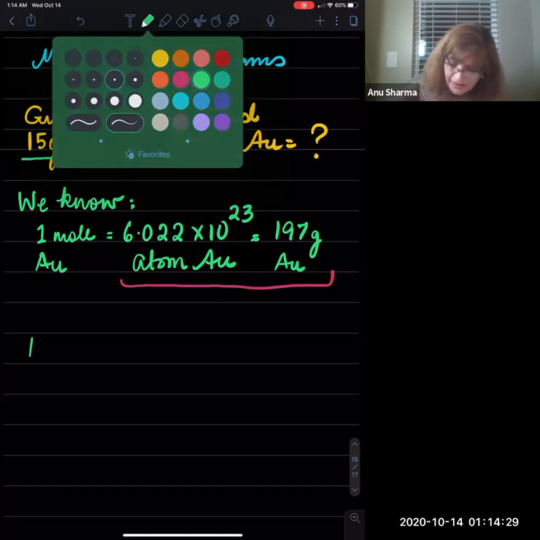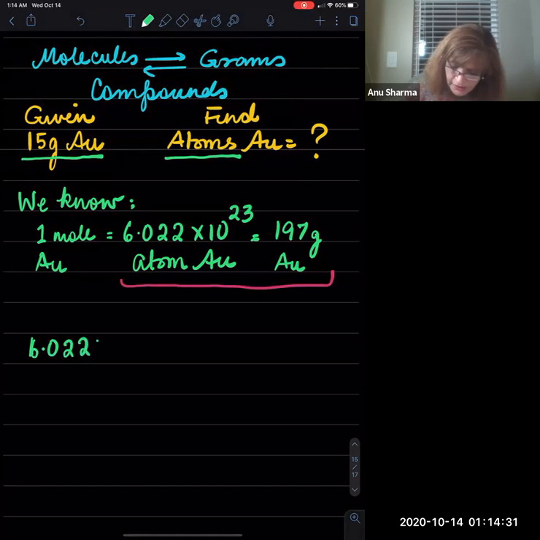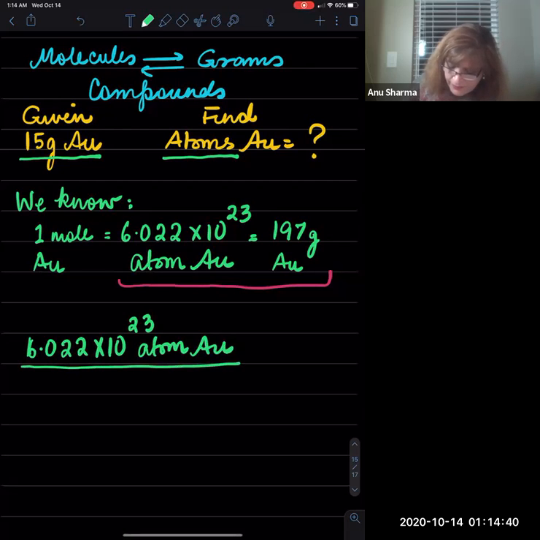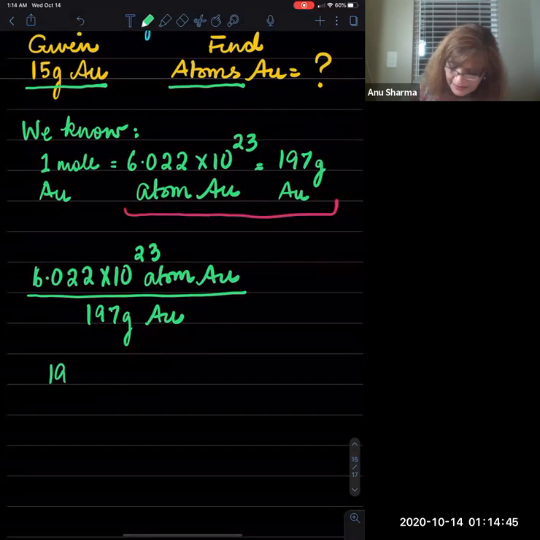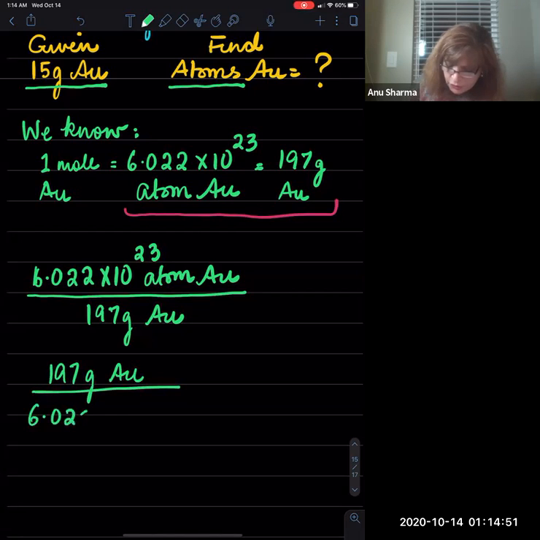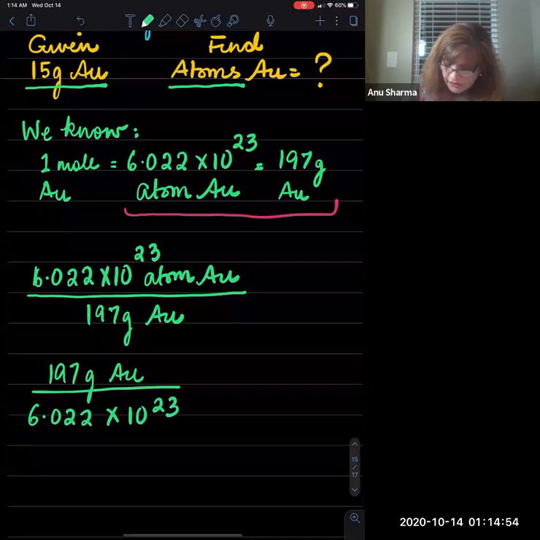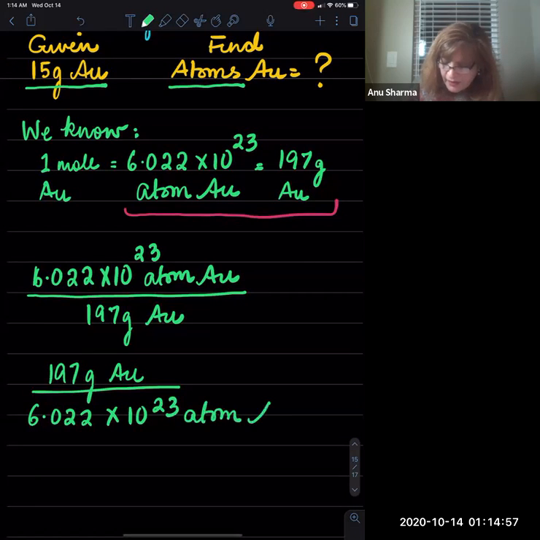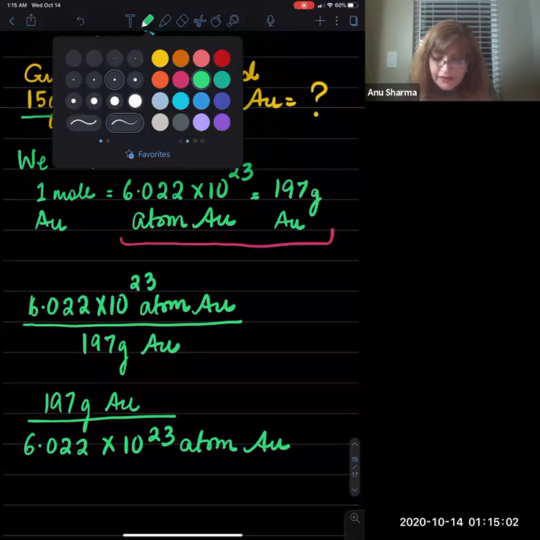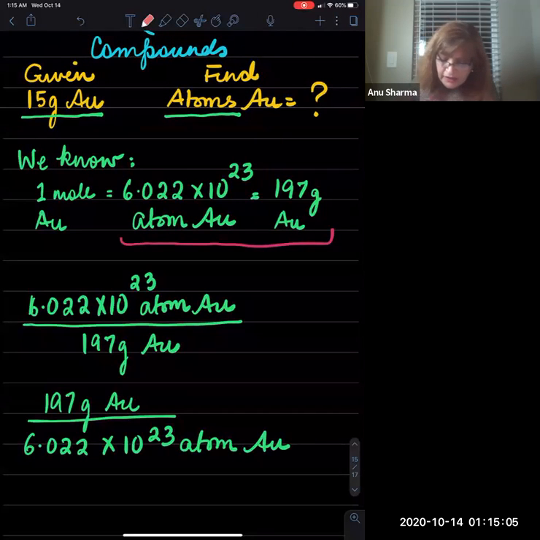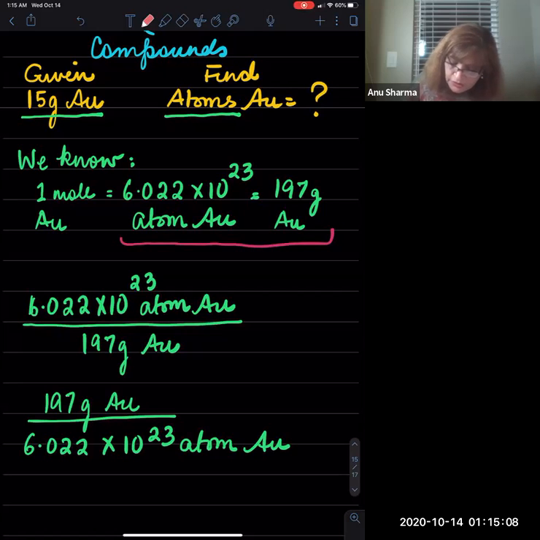This means that 6.022 × 10^23 atoms of gold are present in 197 grams of gold, or 197 grams of gold contains 6.022 × 10^23 atoms of gold. So which one are we going to use? We need to find the number of atoms, find the atoms in gold.